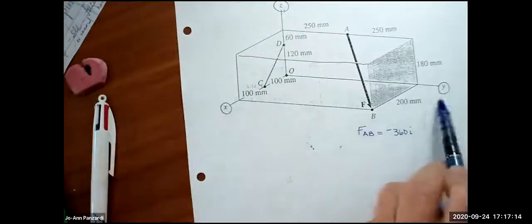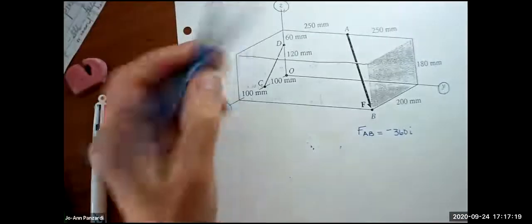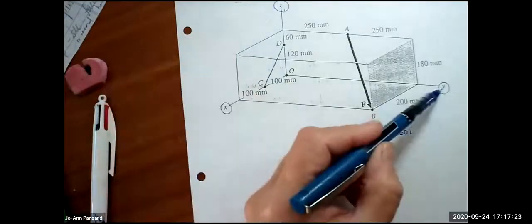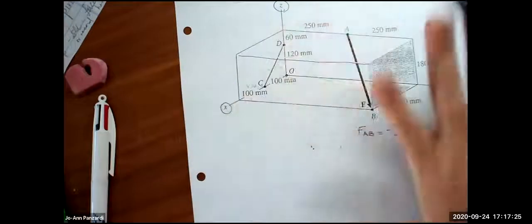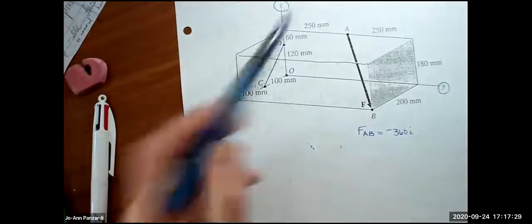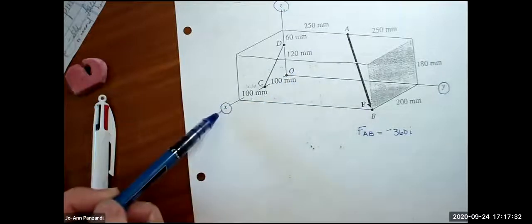In this case, the XY plane is on the floor, horizontal, and Z represents the elevation. Many times X is here and Y is here, XY is the vertical plane and Z is coming out at you. So going from A to B, it's in the positive X.